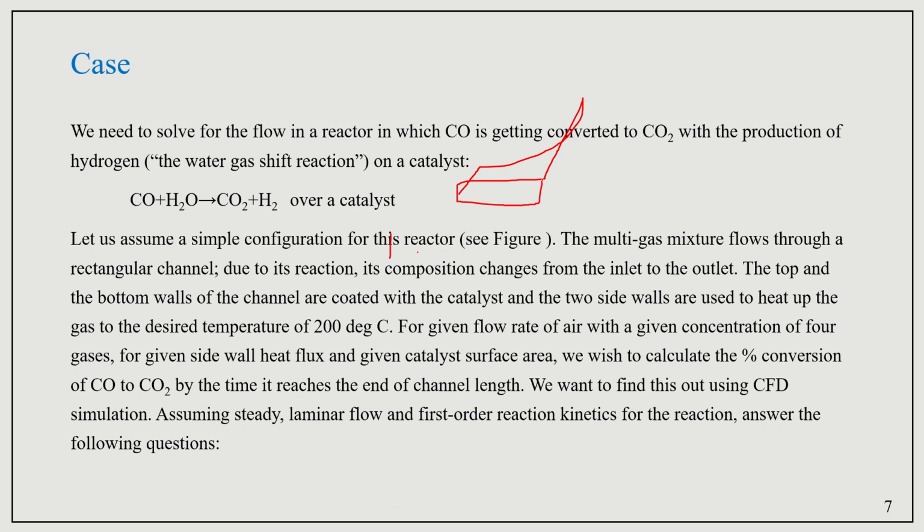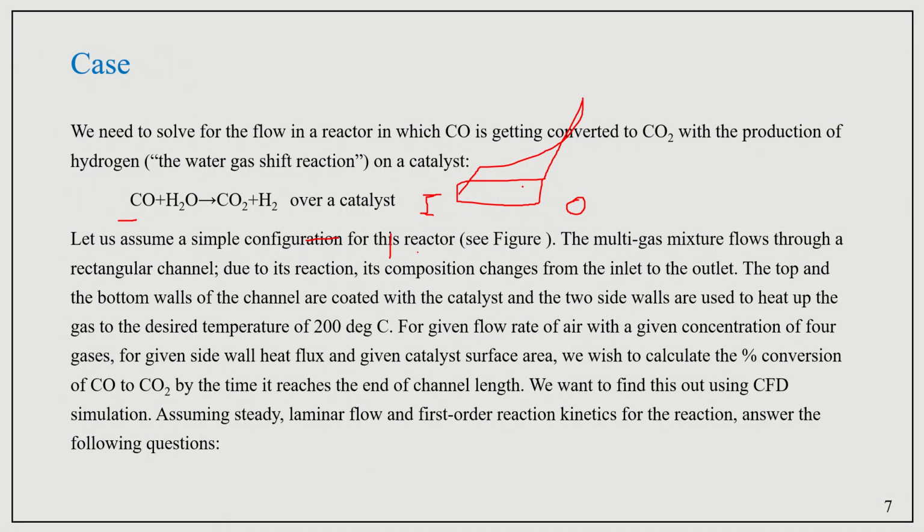Let us just assume this as the rectangular reactor. So the multi-gas mixture flows through the rectangular channel. Due to its reaction, its composition changes from the inlet to the outlet. So let us consider this as our inlet and this as our outlet. So its composition changes from inlet to outlet.